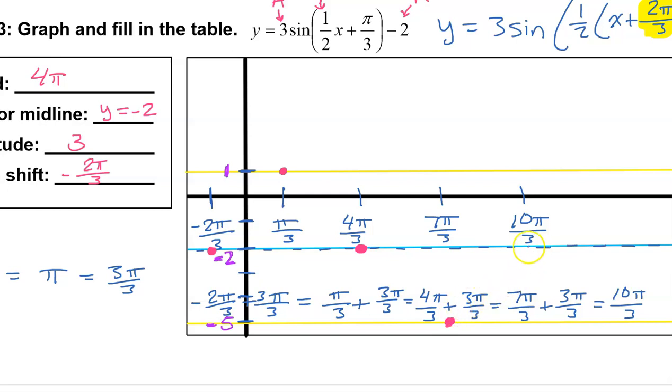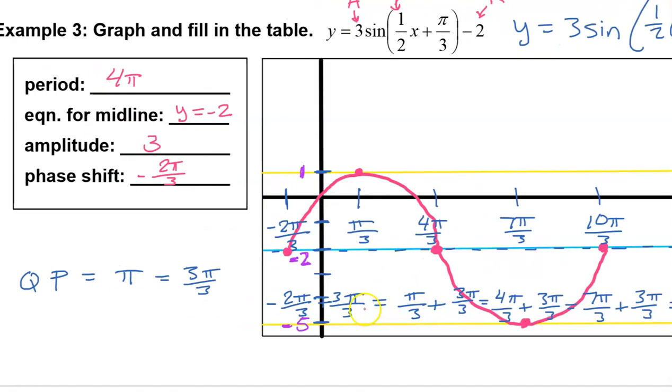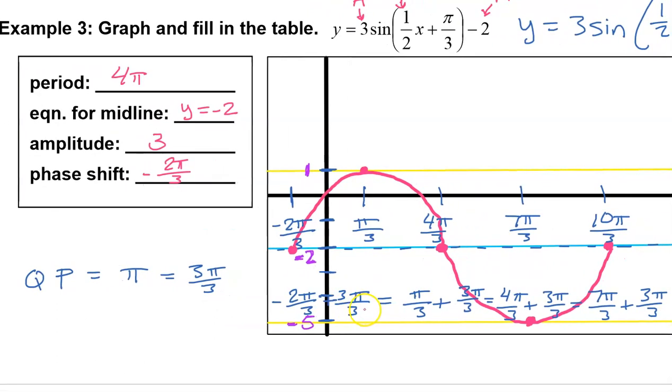And one more quarter period later, it rises back to the midline. So the sine function is going to look something like this. And that's it. That's how you graph a sine function with a new period, midline, amplitude, and phase shift.